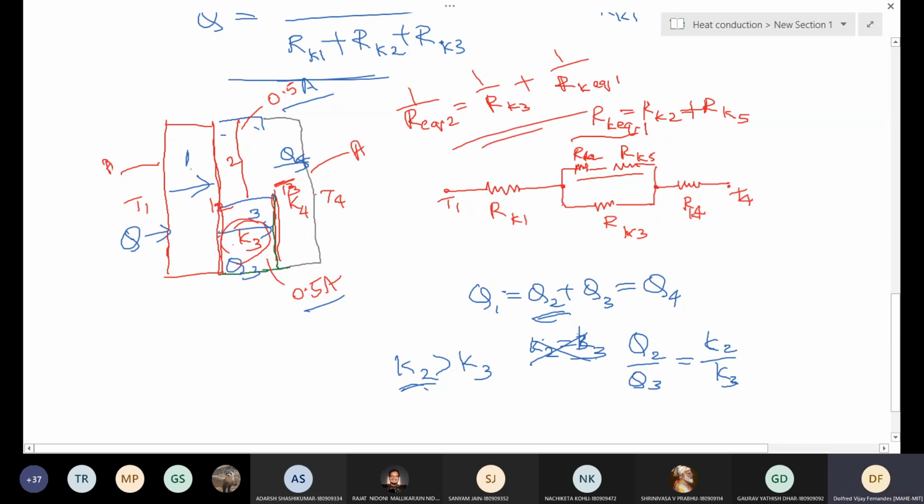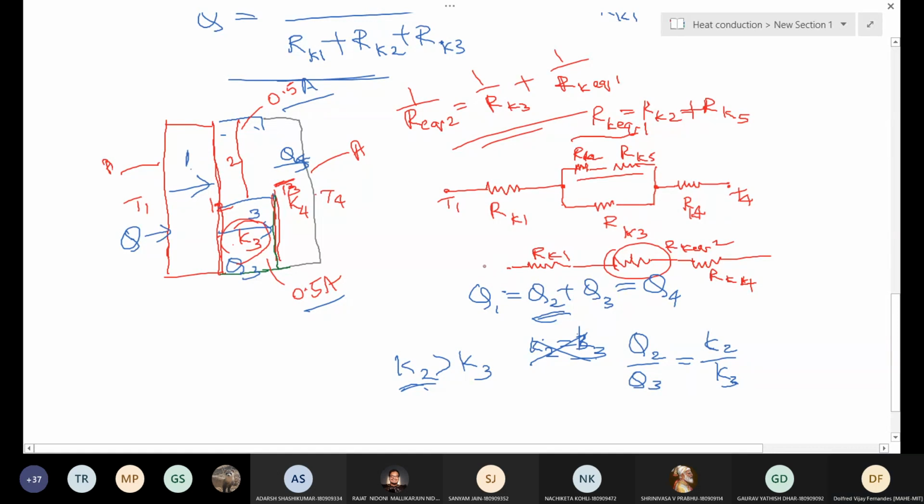This has to be obtained first, and you have to reduce this circuit back. RK1 is there. Then entirely together, you put one more resistance there, and this is RK4. The middle one is RK equivalent 2.